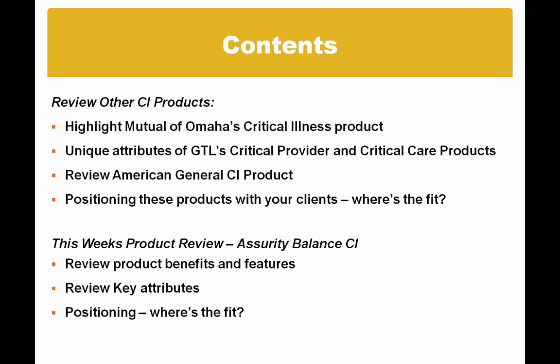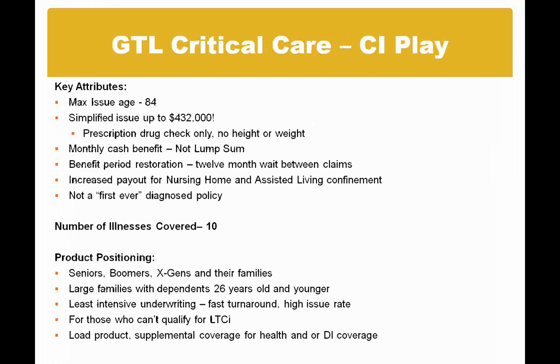We'll also cover the GTL critical care product, and the critical provider, which is a Life CI product. We'll cover that, and that's for California. And we'll also cover the American General long-term care CI hybrid, just where the products fit and how to position them. And the feature today will be Assurity's critical illness balance product and the key attributes on that.